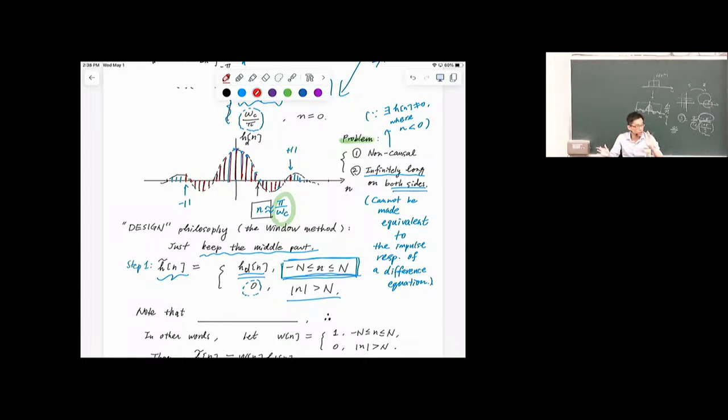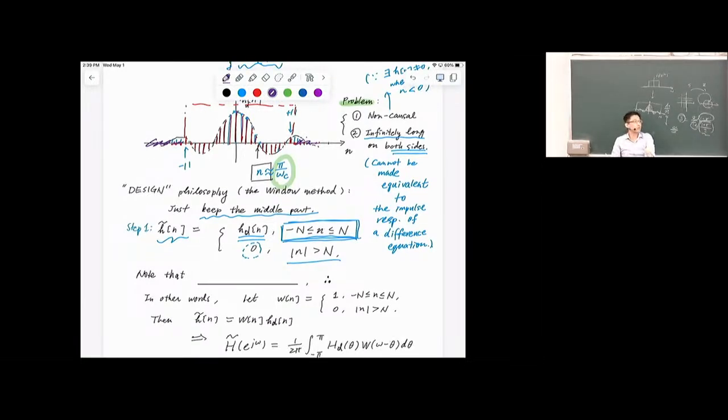Elsewhere, all zeros; I'm going to just exclude all the other samples by only keeping the middle part. That's our design, and I claim that this is already a design. We'll analyze the frequency response of this design.